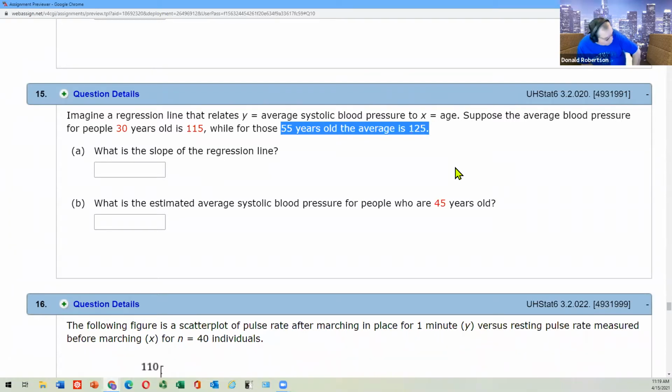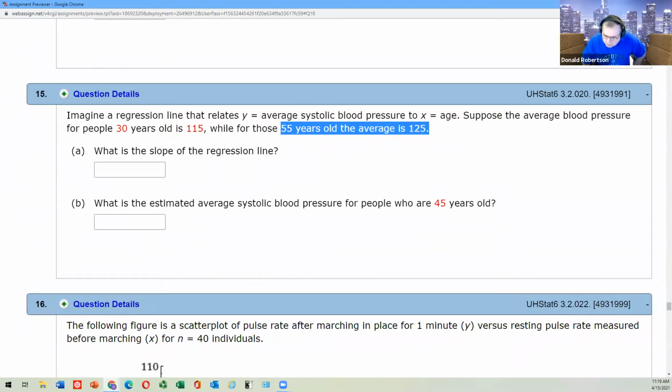And only with that information, we are going to try and answer these questions and then put together an equation. So I'm just going to write these numbers down now. A 30-year-old has a 115, and the other one was a 55-year-old, and they had a 125.